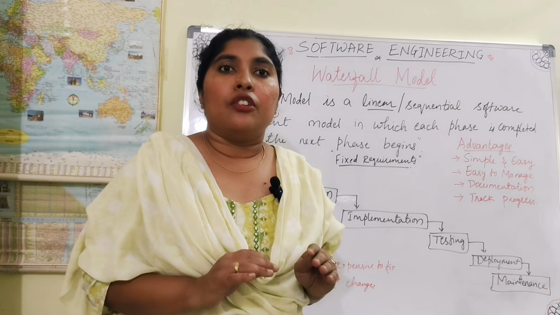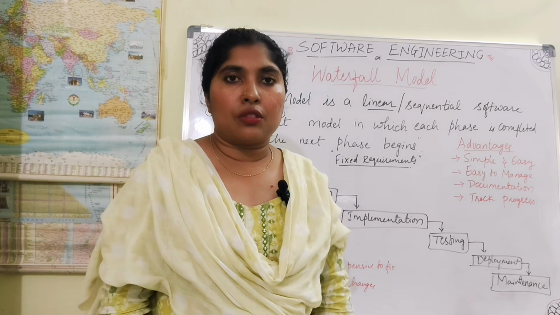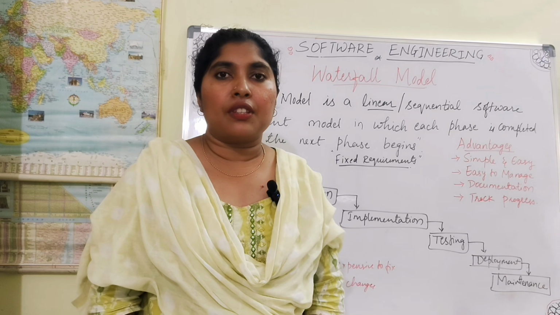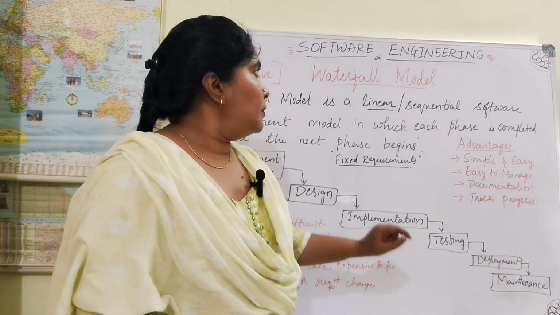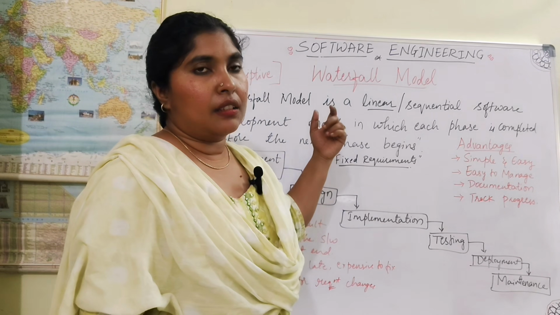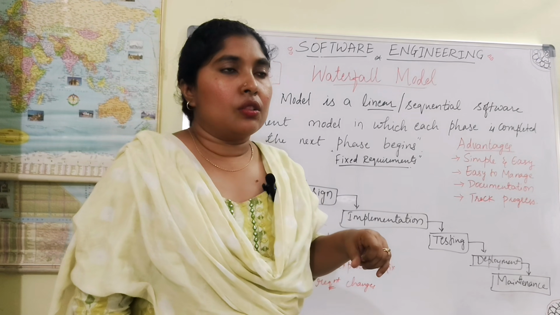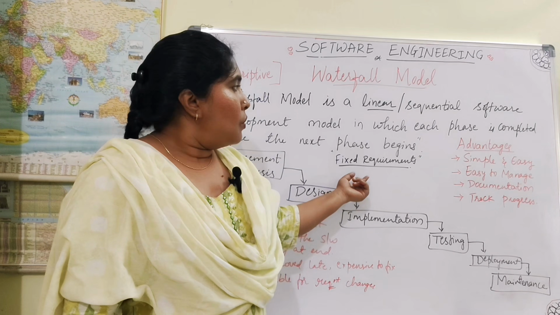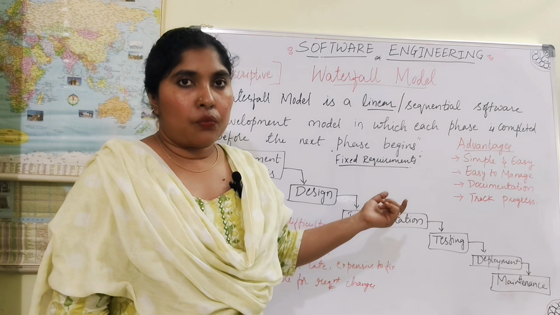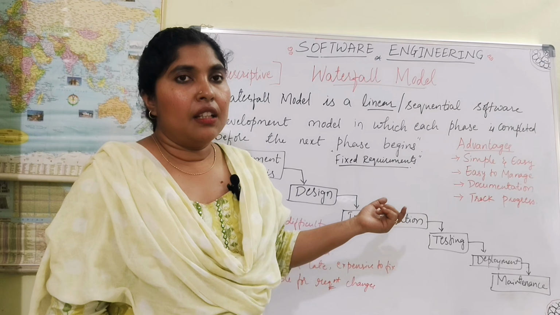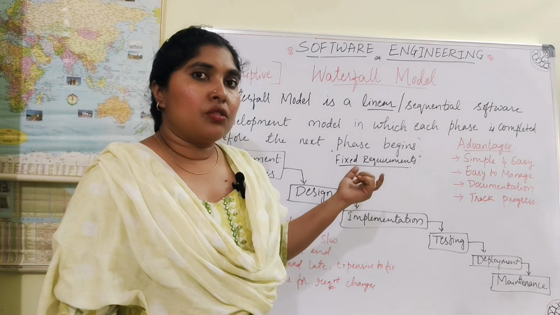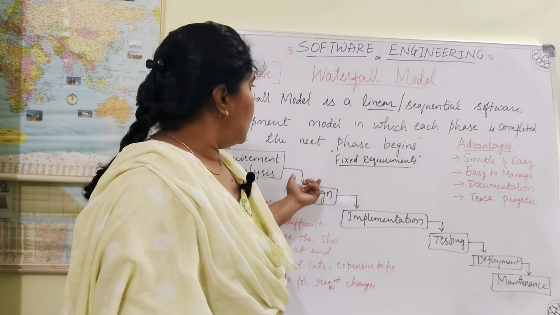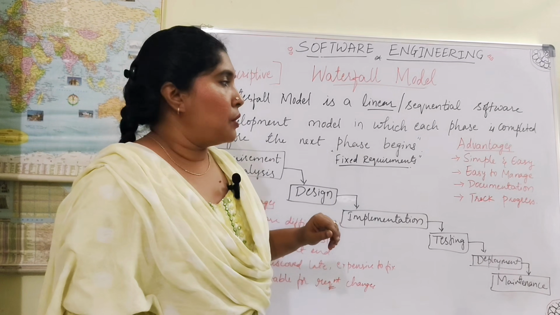The customer already knows what has to be developed, which software has to be developed, and what its requirements are. If everything is known, then he can select the waterfall model. It is a very traditional model where your requirements are fixed or stable. Further, the customer is not allowed to change the requirements often. So he will go for the waterfall model.